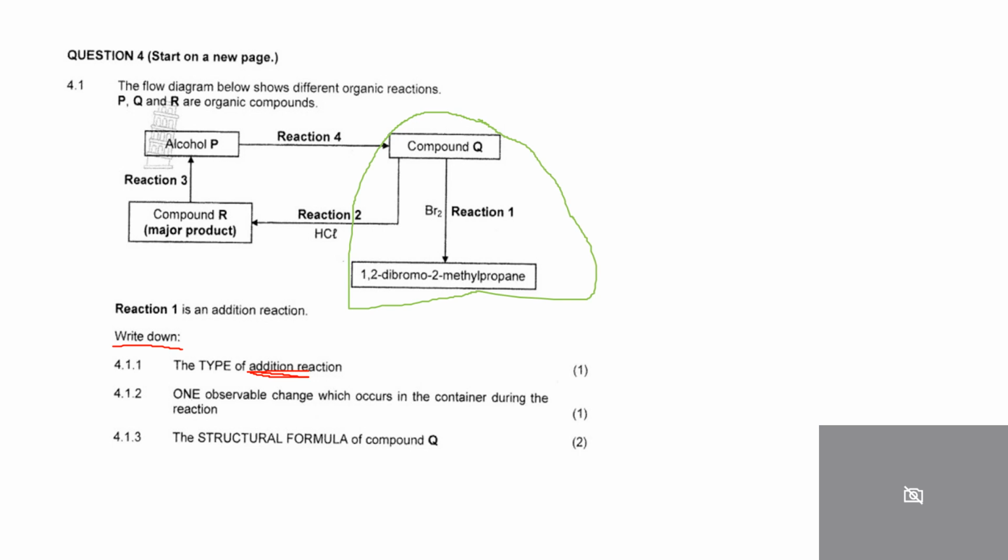So we are already told that it's an addition reaction, and here we are adding bromine, which is a member of halogen. One important piece of information we get here is this: once we are given that it is an addition reaction, we will know that this compound Q is unsaturated.